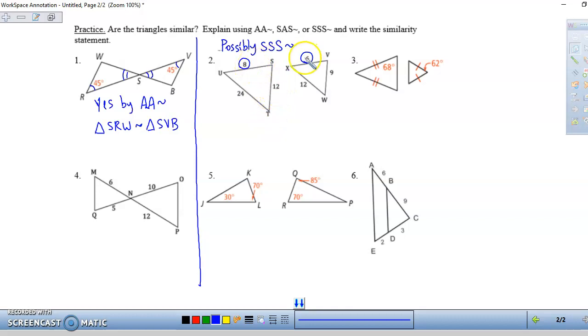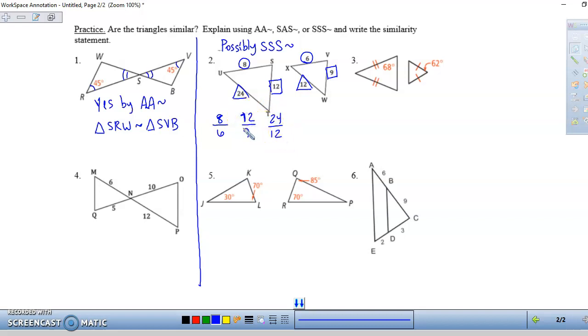Okay, welcome back. So you have the smallest sides labeled, and then the medium here is 12. The medium side here is 9. And then the biggest side here is 24. The biggest side here is 12. So you're going to set these up as a proportion. You must check the proportion for all 3. So I have 8/6, and then the boxed ones are 12/9, and then the triangles are 24/12.